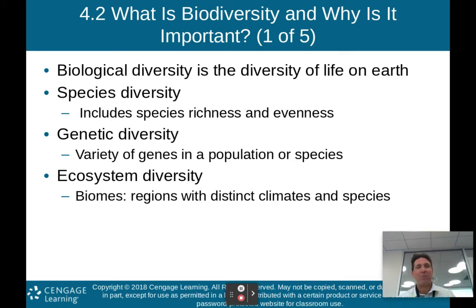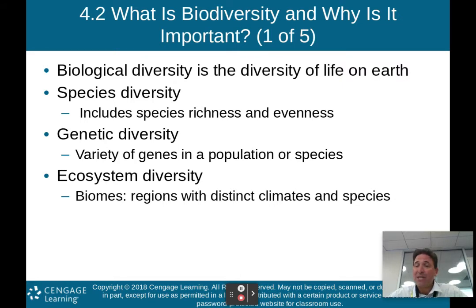So when we talk about species diversity, we're going to talk about species richness, how many different species are living together in one ecosystem, and then the evenness, comparing the population of those species in that ecosystem.